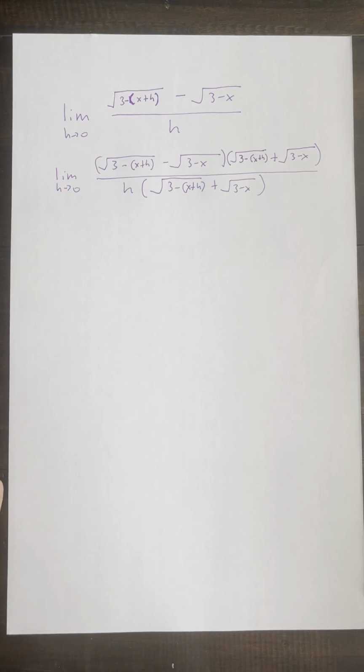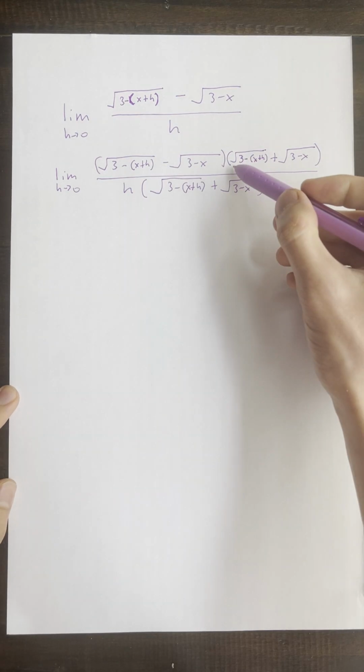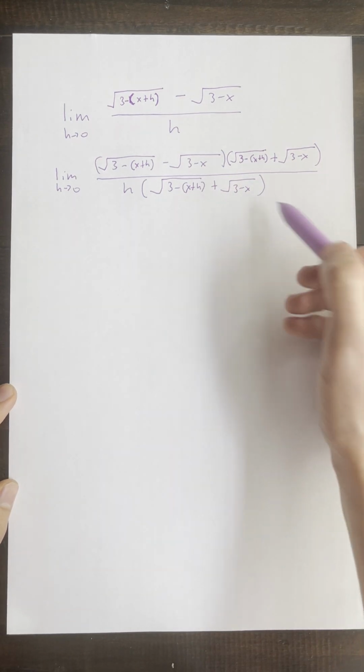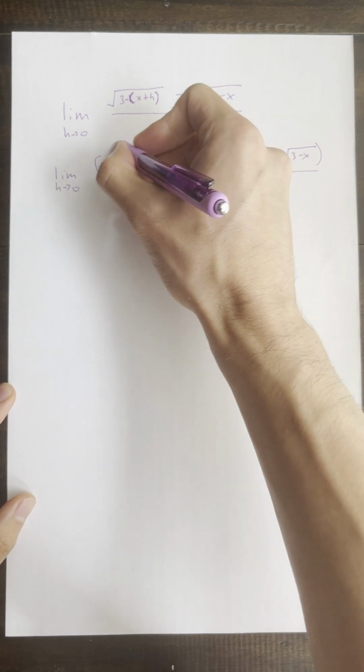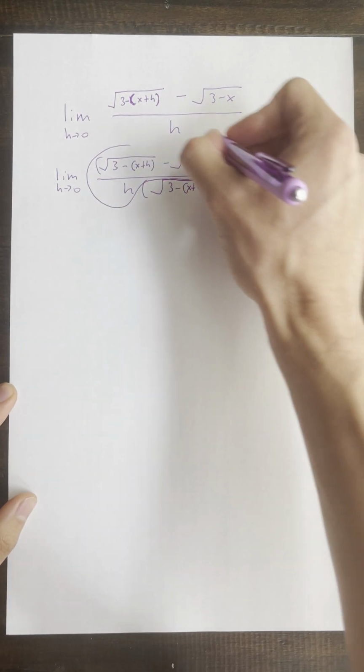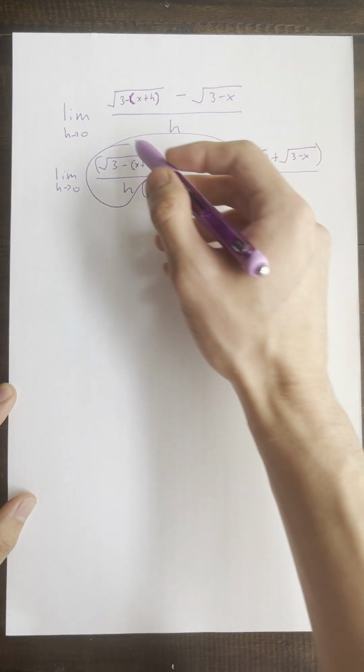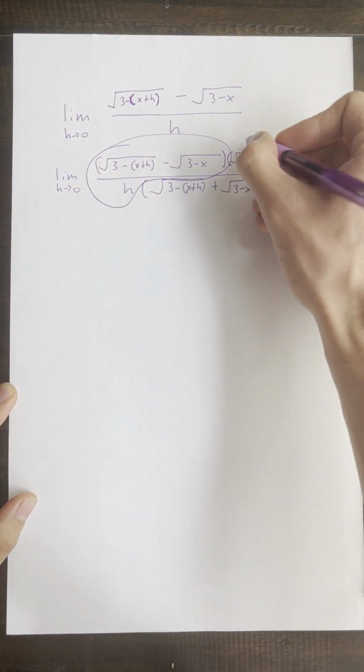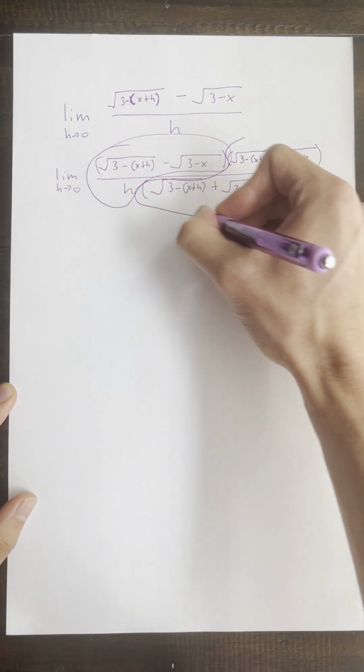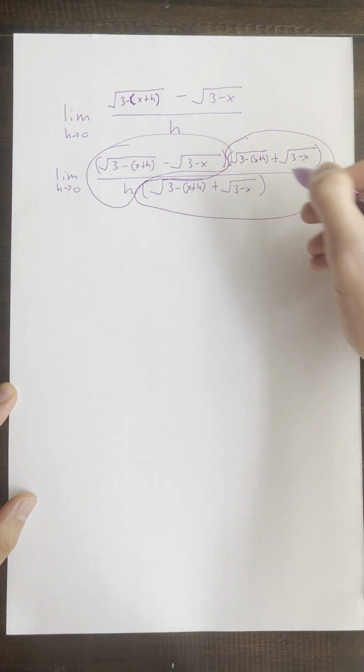Why am I allowed to multiply the top and bottom by the conjugate? We're going to think of it as multiplying two fractions. So this is going to be the first fraction, and then this is going to be the second fraction.